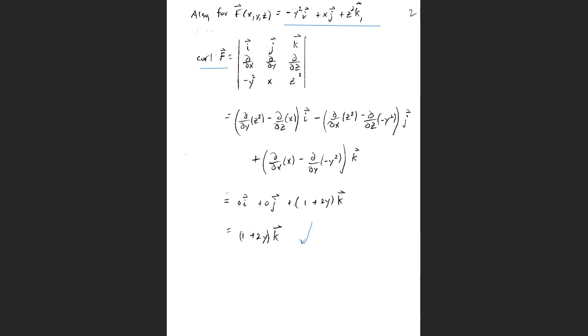The curl will equal 1 plus 2y times the k vector, which incidentally equals 0 i plus 0 j plus 1 plus 2y times vector k.